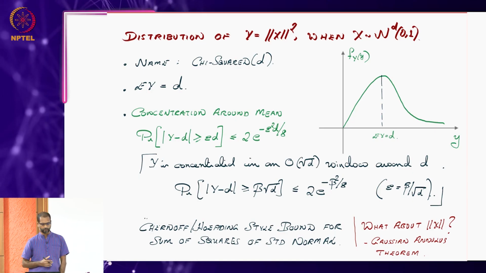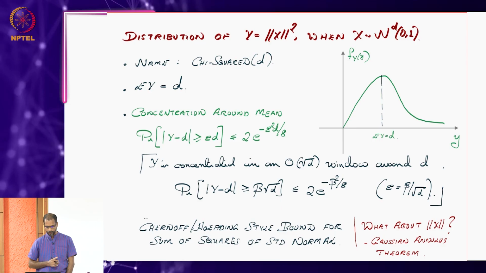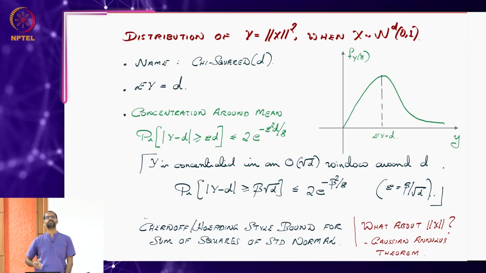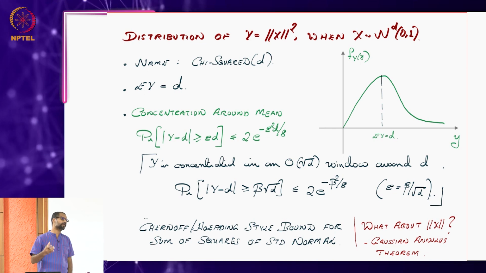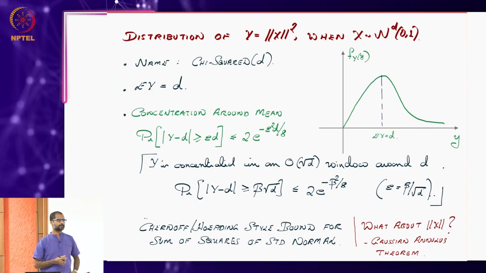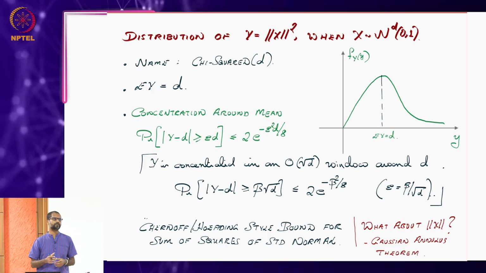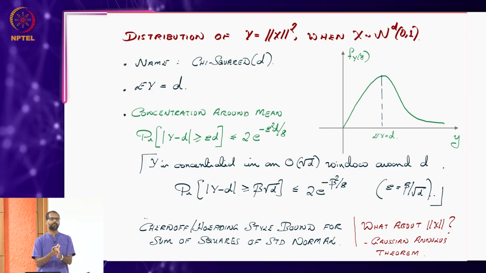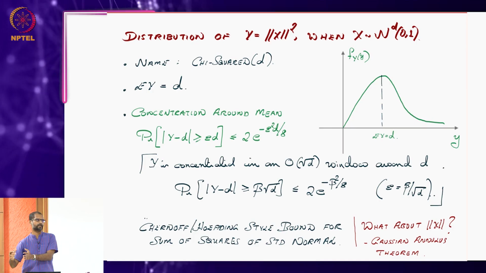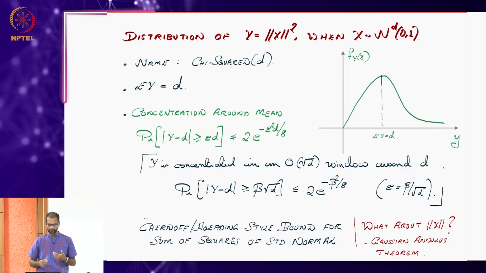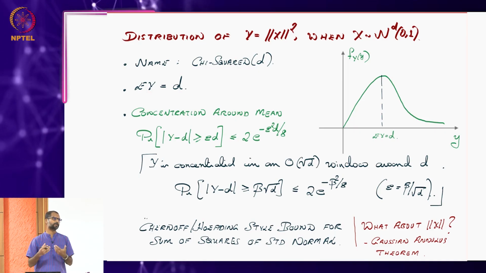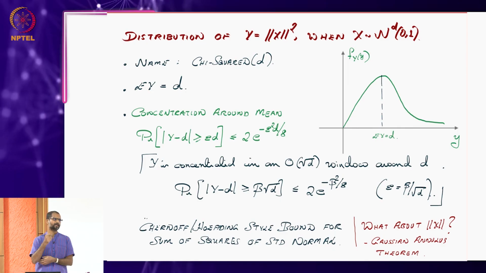So, that is why you put the magnitude of y minus d to be larger than something. That probability is going to be smaller than something. This is how every concentration bound will be stated. The probability that the magnitude of your deviation from the mean is larger than something is going to be smaller than something. What this larger than what, smaller than what, all depends on how you do the proof for this.